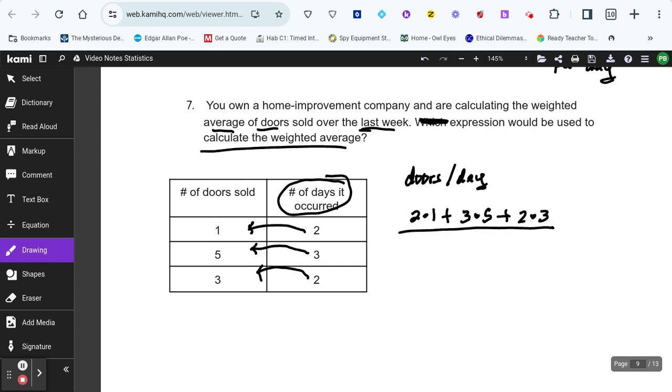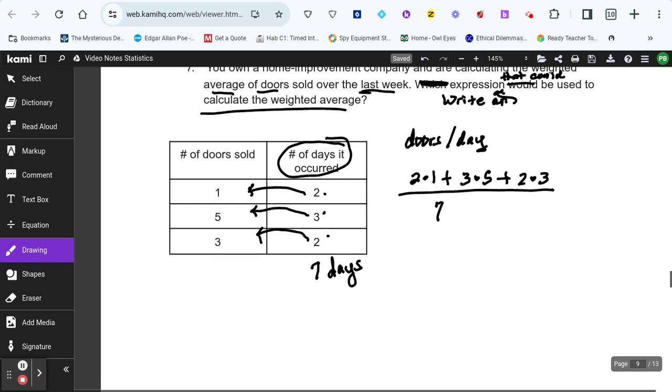And that's over a course of 7 days. That would be the expression you could use to calculate the weighted mean. Write an expression that could be used to calculate the weighted mean.